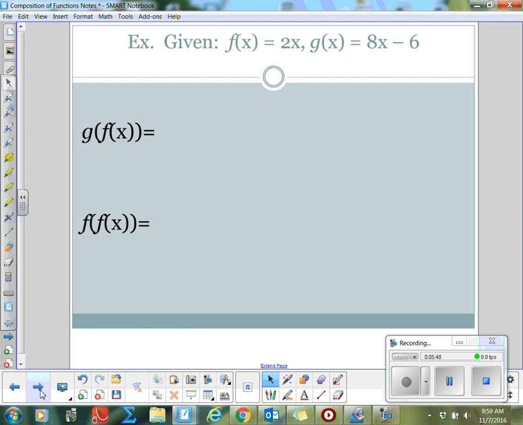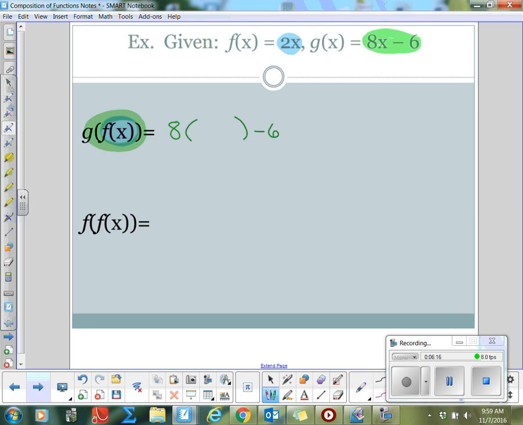Now let's embed the other way. Let's embed the f of x function into the g of x function. The g of x function says to take 8 times an input and subtract 6.